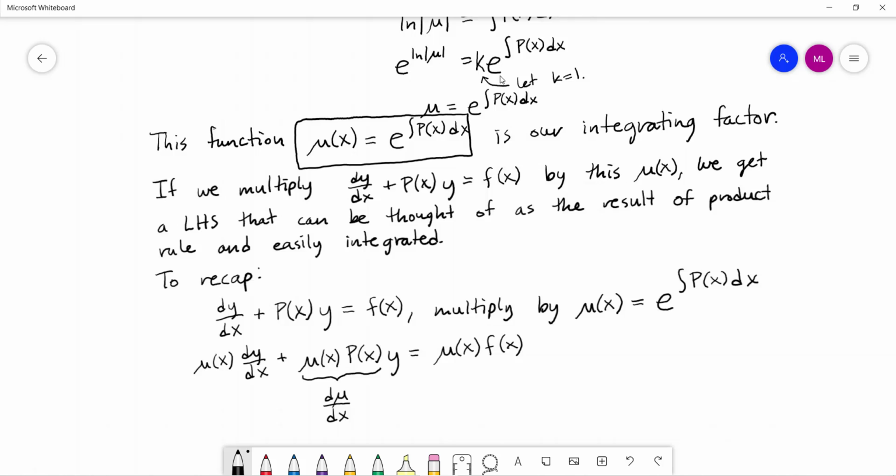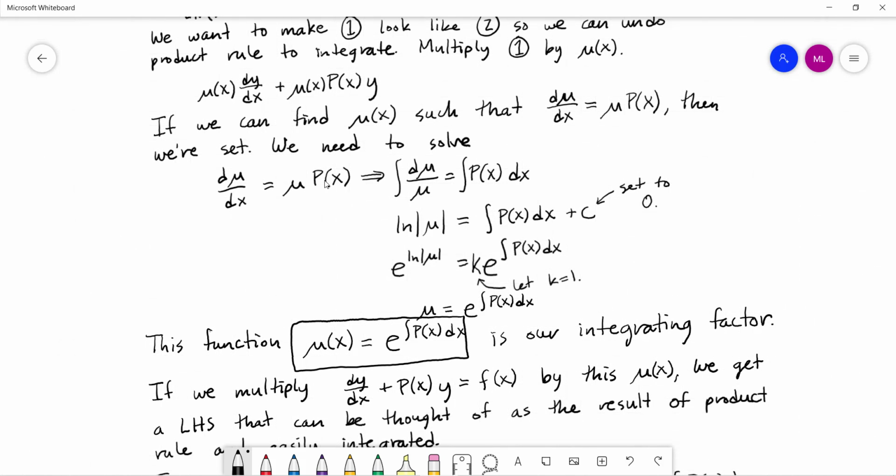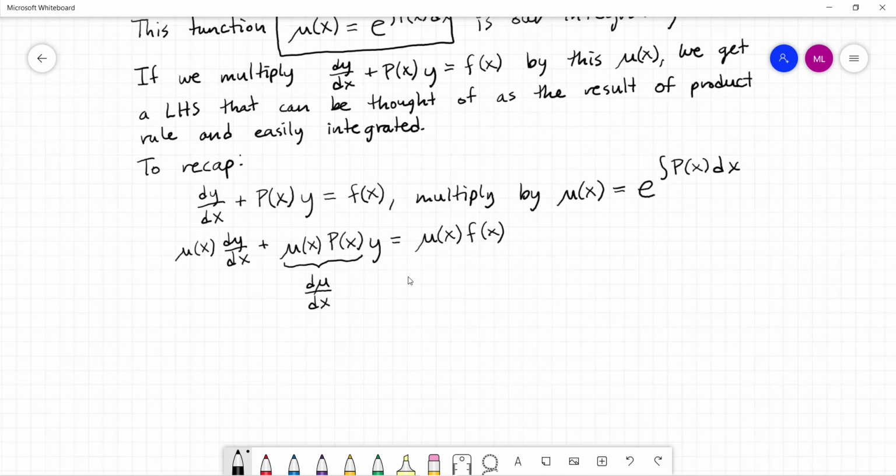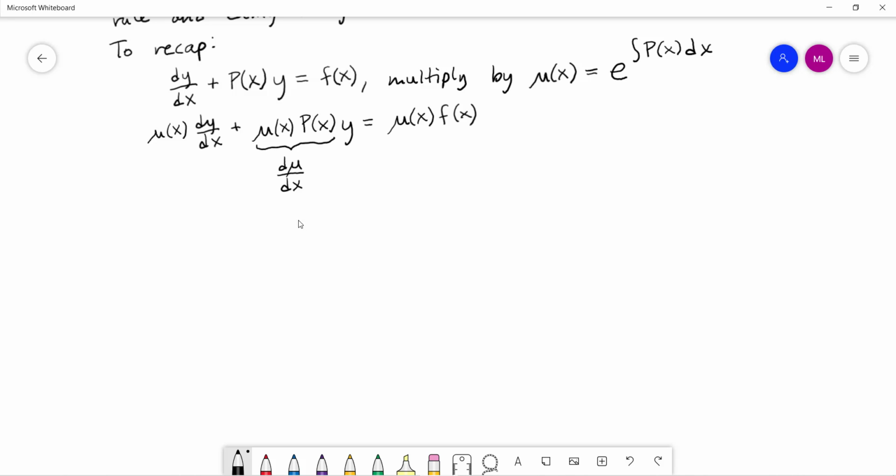That was the whole point of solving this differential equation. We said mu times p of x is the same as d mu dx, and that's what gave us this particular function mu that we should be plugging in. So as long as we plug in that function for mu, this looks like d mu dx. And now the left-hand side of this equation looks like the result of product rule. So what this looks like is d dx of mu of x times y of x. And that's equal to mu of x times f of x.